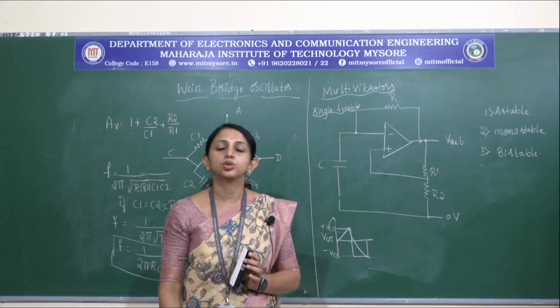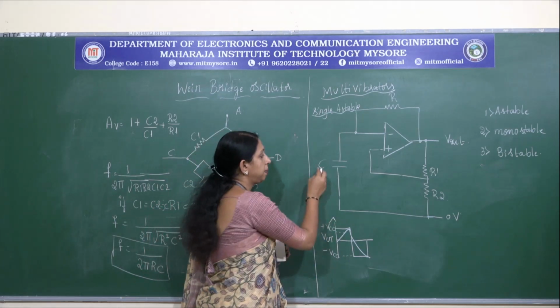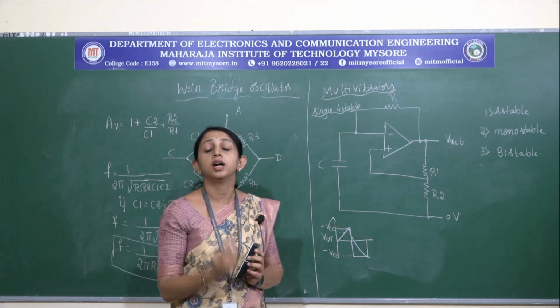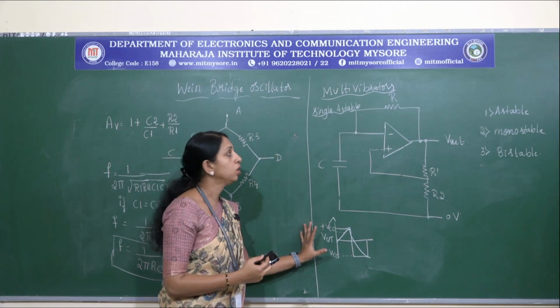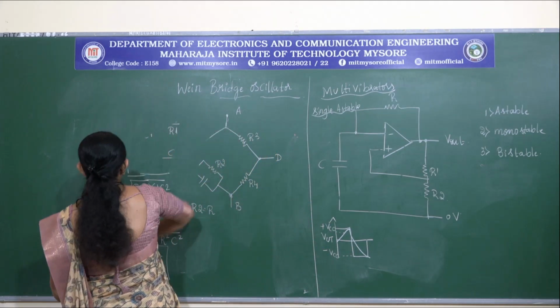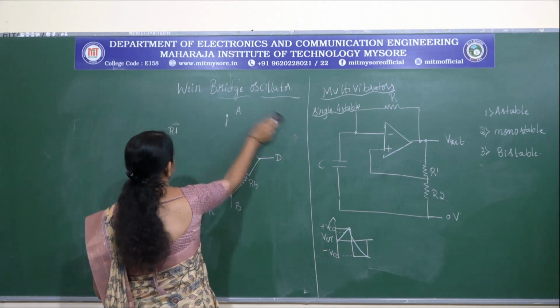When it drops to minus VCC, the capacitor will start to charge in the opposite direction. So this is the operation of the astable multivibrator.